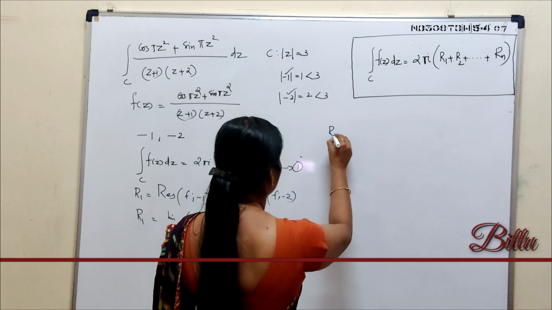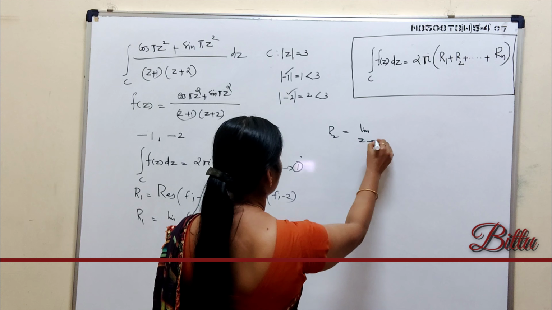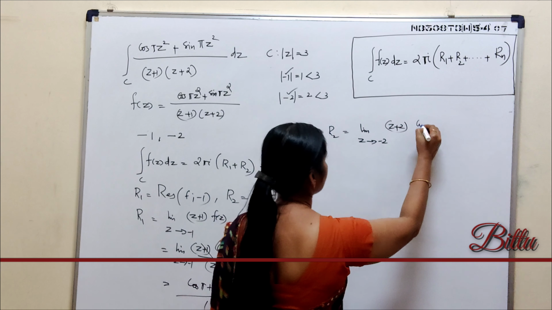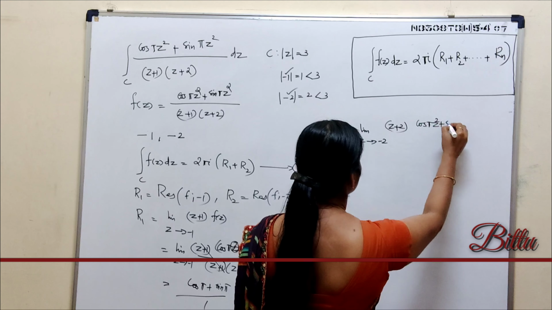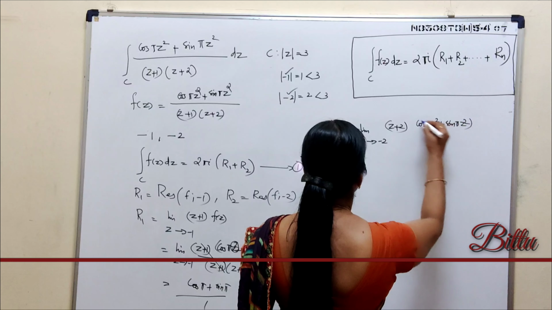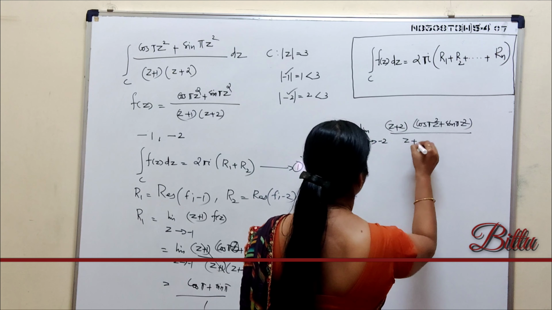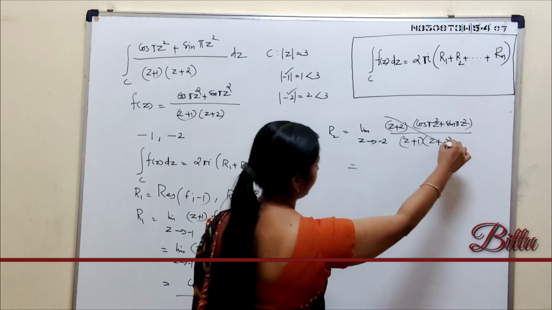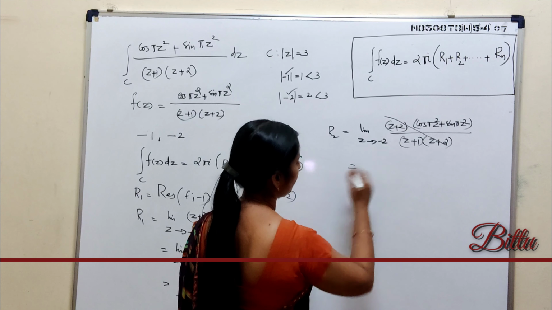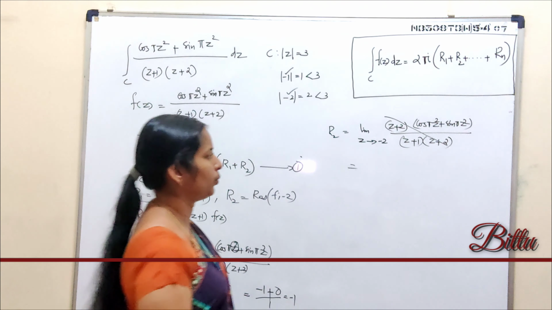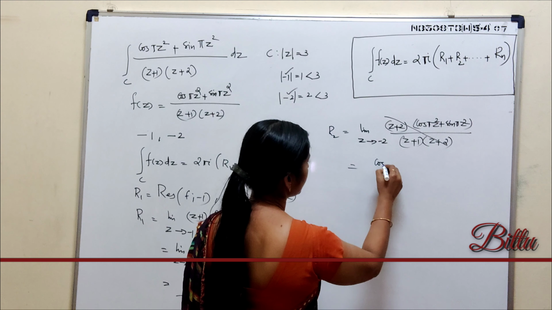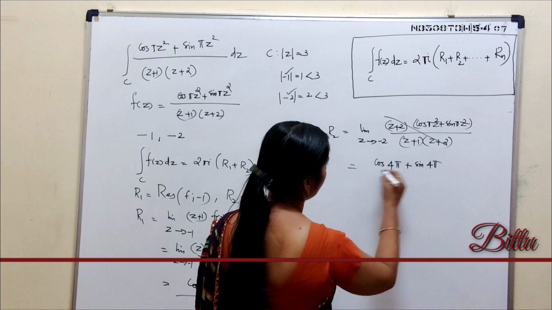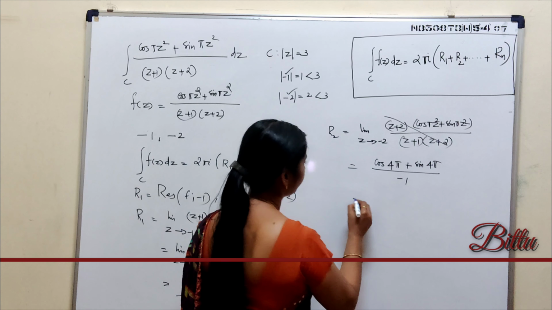Similarly, R2 is limit z tends to minus 2, (z plus 2) into f(z). f(z) is (cos pi z square plus sin pi z square) by (z plus 1) into (z plus 2). You cancel z plus 2. Next you put z equal to minus 2. That is cos 4 pi plus sin 4 pi divided by minus 1.